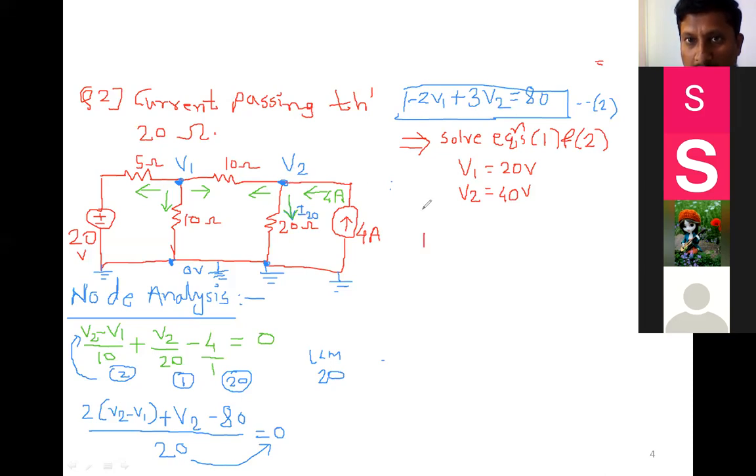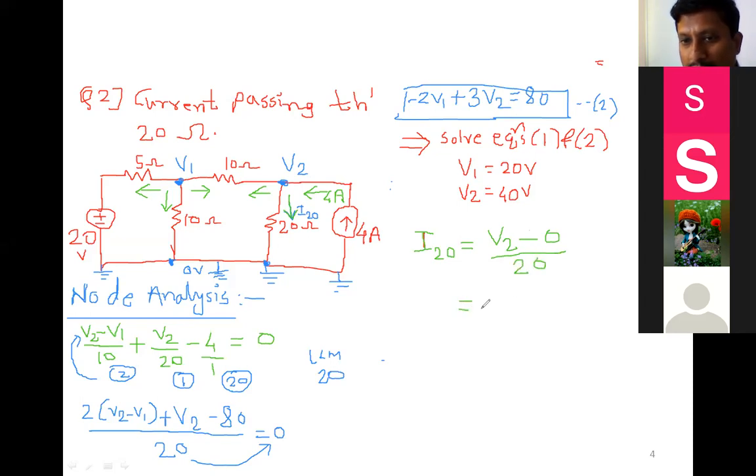So I20, I am going to find out. You can give any name, I20, I2, IX, only I. So I20 is equal to V2 minus 0, means for this branch you have to consider V2 minus 0 divided by this resistor value, which is 20. So this is by Ohm's law.